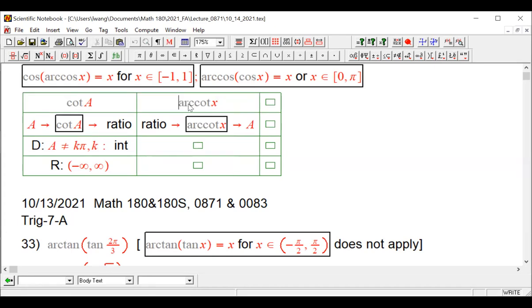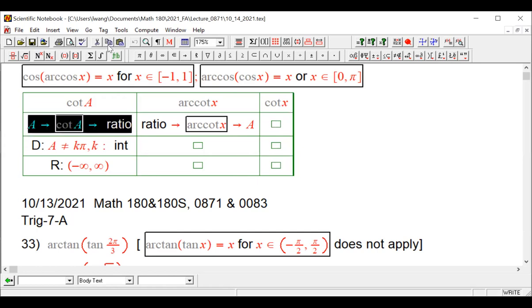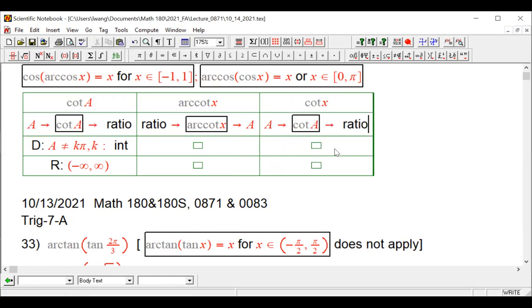But ArcCotangent has an inverse, which is rarely talked about, and that function is still doing the same ratio thing, but the domain will be 0 to pi. That tells you the range for ArcCotangent is from 0 to pi, so there's a little similarity to cosine. And the range for cotangent, of course, is still the same as here.